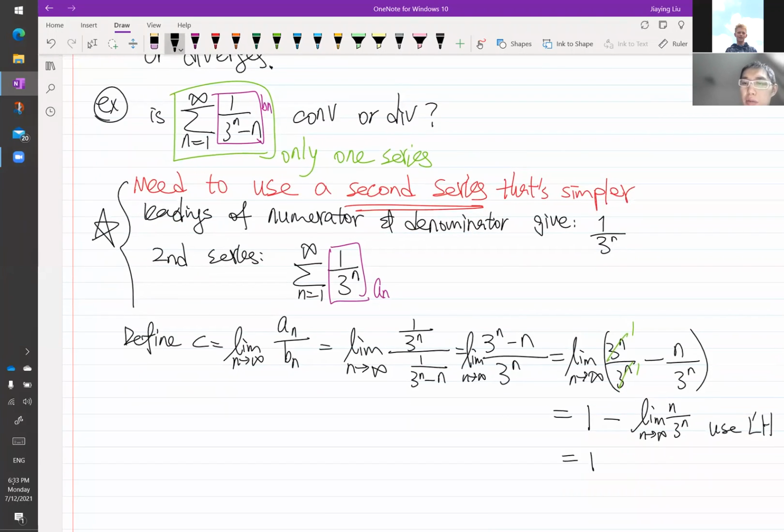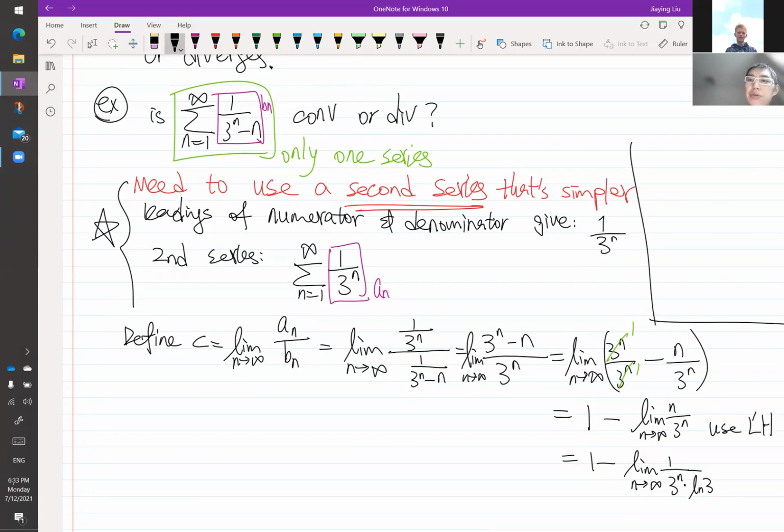That will be 1 minus the limit using L'Hopital's rule. So we take the derivative of the numerator, which is 1, and the derivative of 3 to the n, which is 3 to the n times natural log of 3. That's just a special rule for taking the derivative of 3 to the n, or 3 to the x.